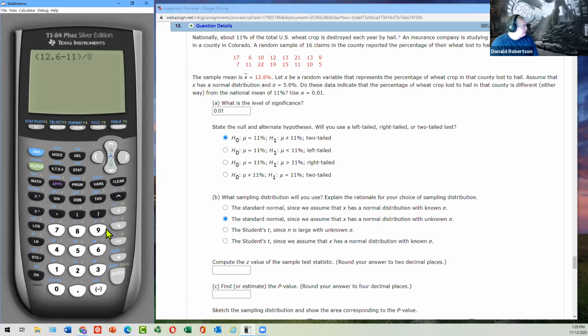Divided by, do a bracket. Sigma, which is 5, divided by the square root of n. And the square root of n is the square root of, how many data points? 16. Oh, that would have been 4. And I'm looking at 1.28.